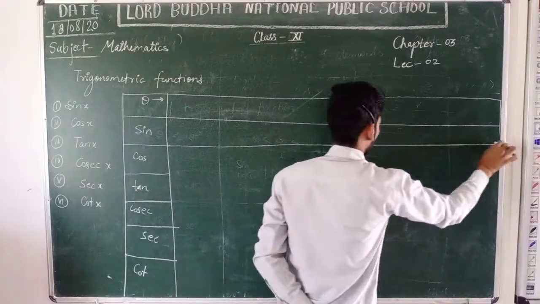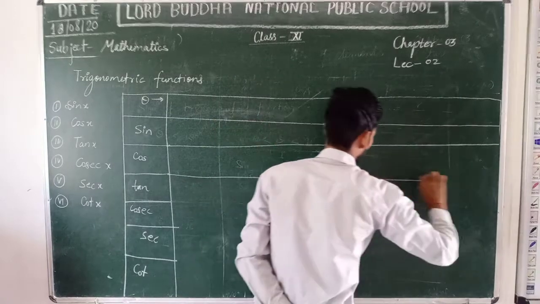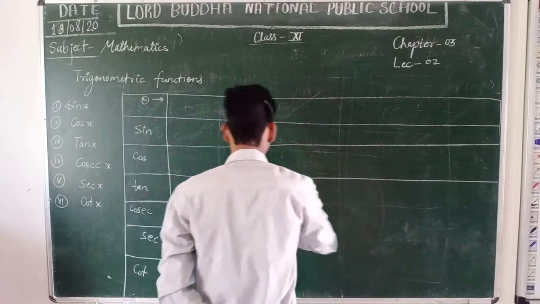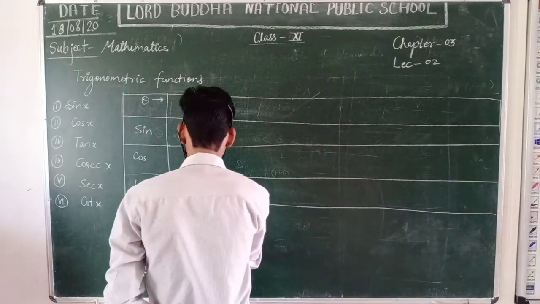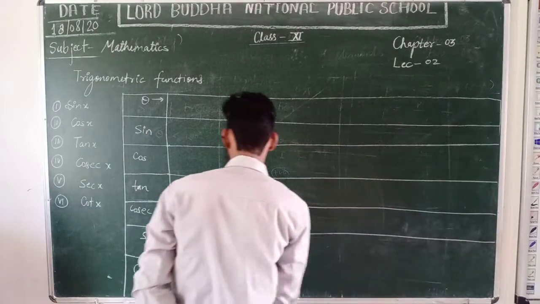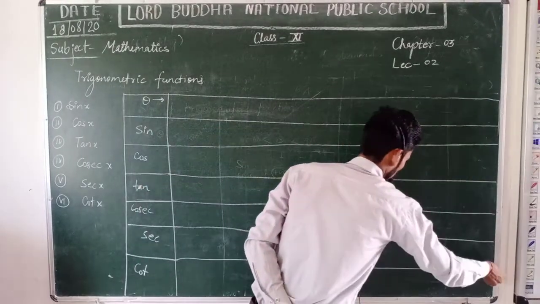So draw the horizontal columns to indicate the different angles and the values of trigonometric functions.